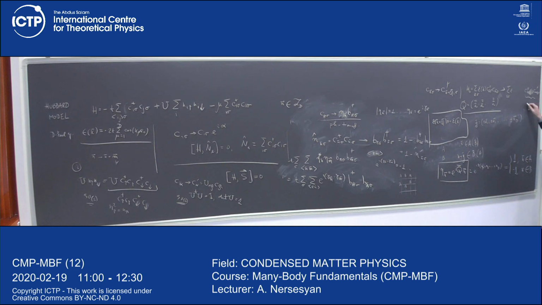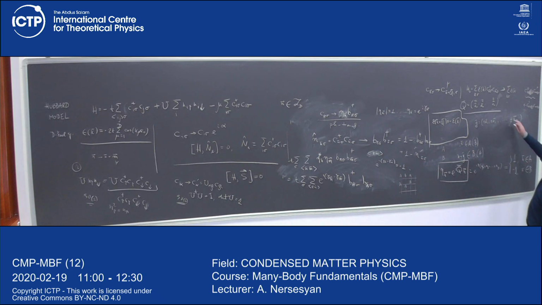Instead of this, I will write down 1 minus what I want. So we'll have a term of 1 times epsilon of k, and sum over all k. Apparently this sum is 0, because the summation goes over the Brillouin zone, and over the Brillouin zone the cosine has the region where it is positive as well as the region where it is negative, and the two regions cancel each other.